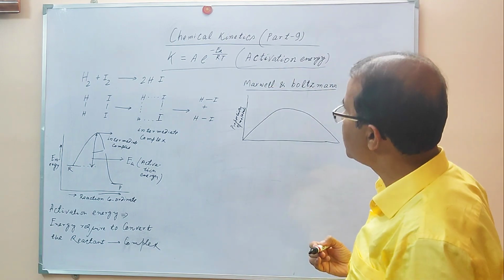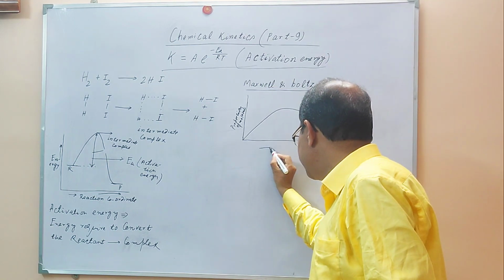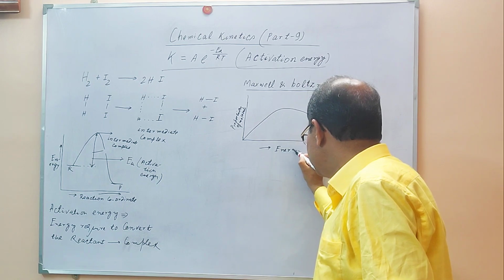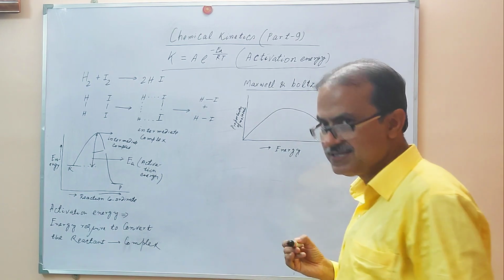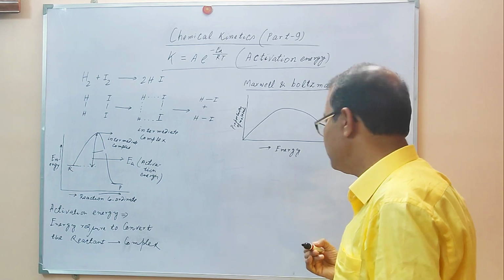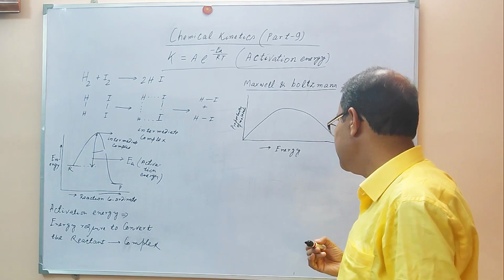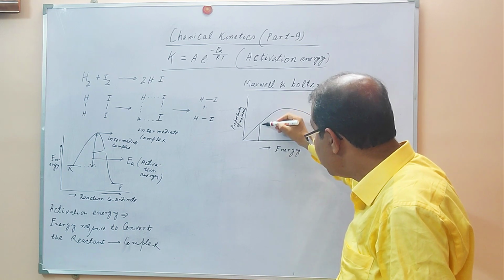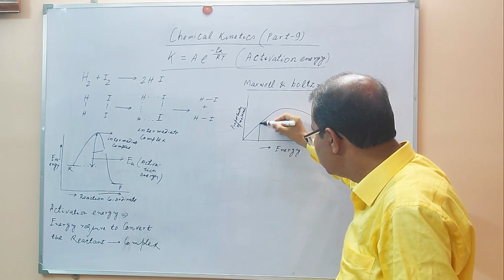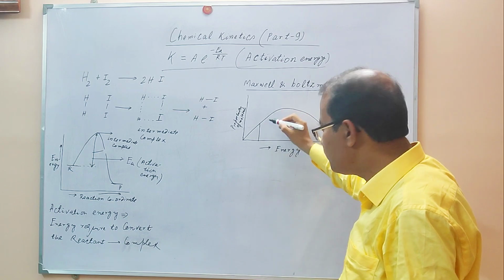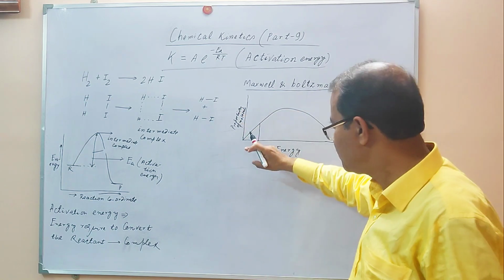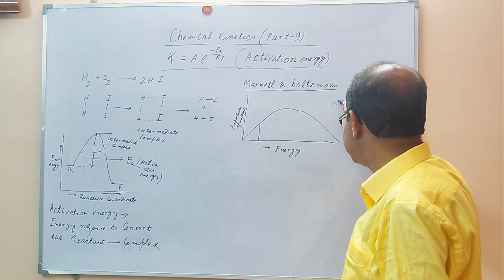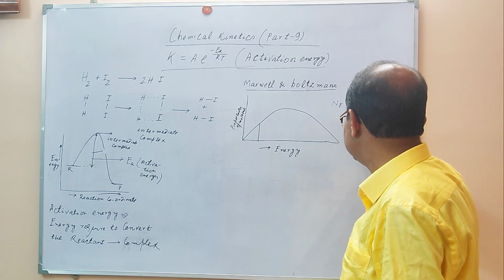Understand? Proportion of molecules, and here the energy. Energy, when we are talking about the gas reactant, will basically be the kinetic energy. Suppose the number of molecules having energy E is Ne.